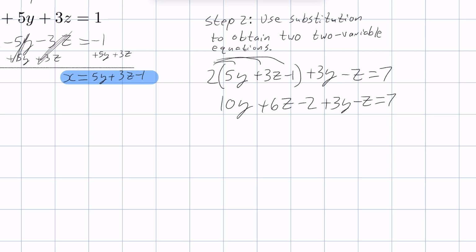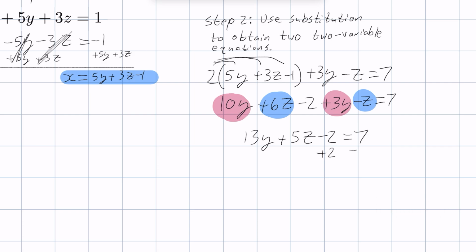We can combine like terms. So we do have a few like terms. Here we have 10y and 3y, and we have 6z and negative z. So it's going to be 13y plus 5z minus 2 equals 7.